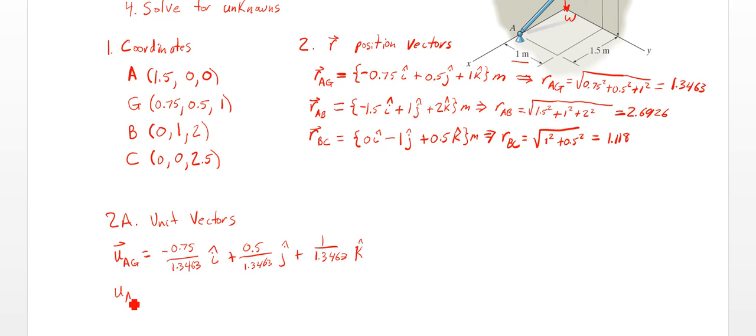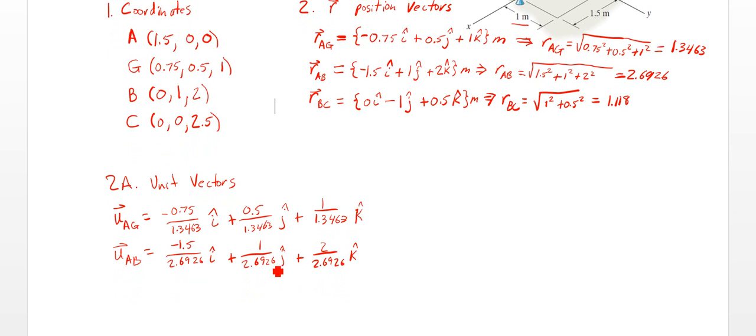For AB, we get negative 1.5 over 2.6926 I plus 1 over 2.6926 J plus 2 over 2.6926 K. And then finally, for BC, we're taking this, dividing by that to get our position vector.